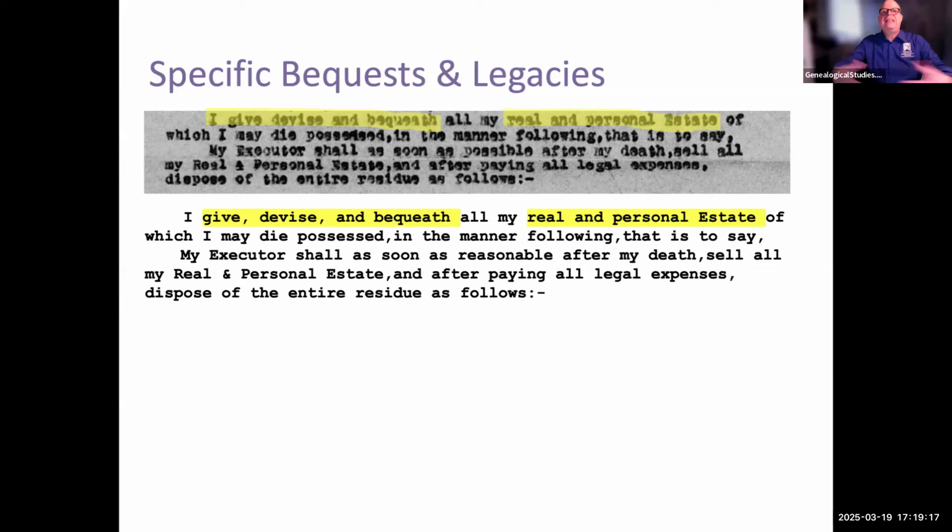So real property referred to land authorized by the sovereign to go to whoever had the right to live there. That's where real comes from. That's realty. Real property just means land. Personal estate, fancy way to say everything else, every other kind of property that's not land.